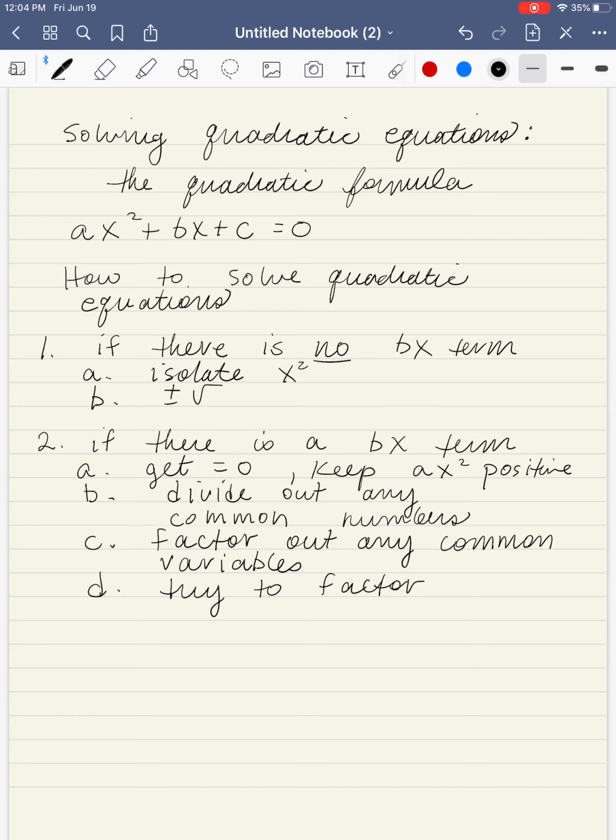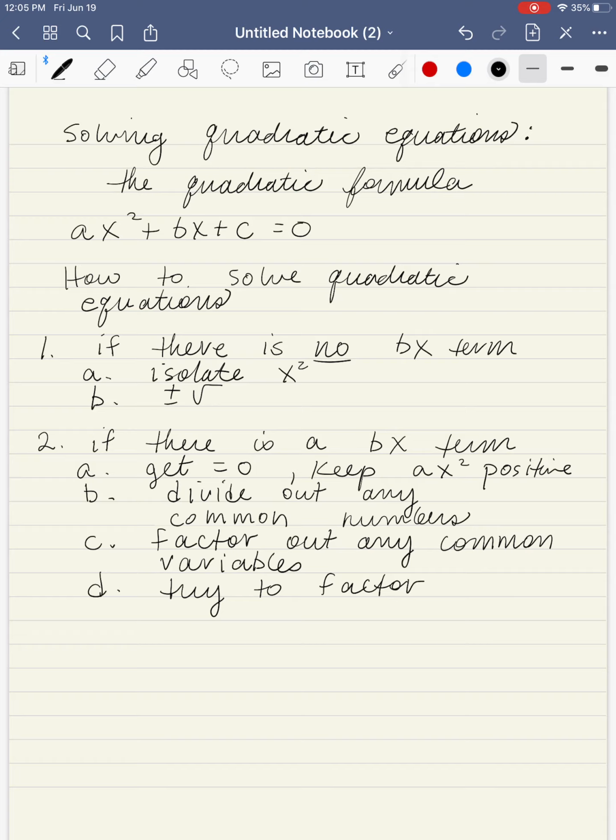In our last few videos, we've been looking at solving quadratic equations, and we've been developing a step-by-step process of what is the best way to solve a quadratic equation. We saw if there's no bx term, isolate x squared, plus or minus square root.